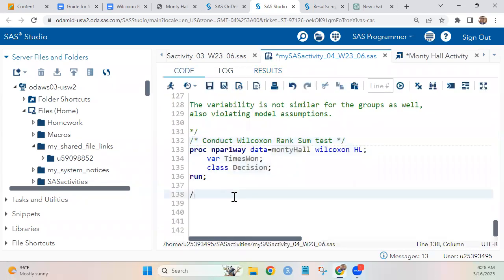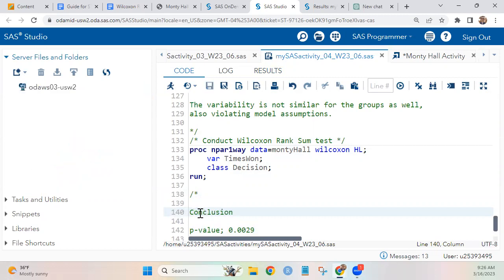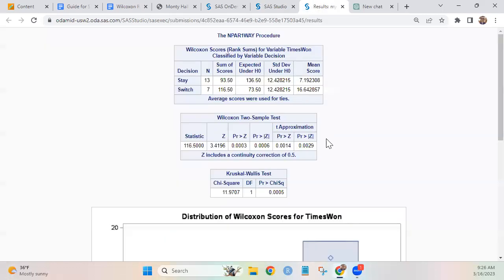Oh, and maybe we'll give the hypotheses as well. Okay. So we'll throw the p-value down here for now. As a reminder, that's where we got that p-value right there.